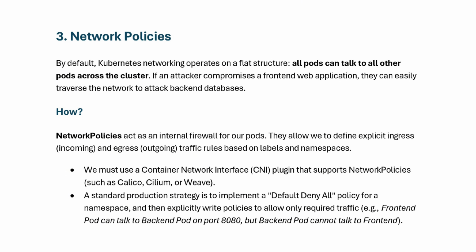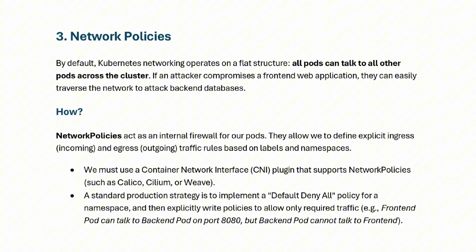Third is network policies. By default, Kubernetes networking operates on a flat structure, meaning all pods can talk to all other pods across the cluster. If an attacker compromises a front-end application, they can easily traverse the network to attack the backend databases. So in Kubernetes, by default, all pods can talk to all other pods across the cluster.